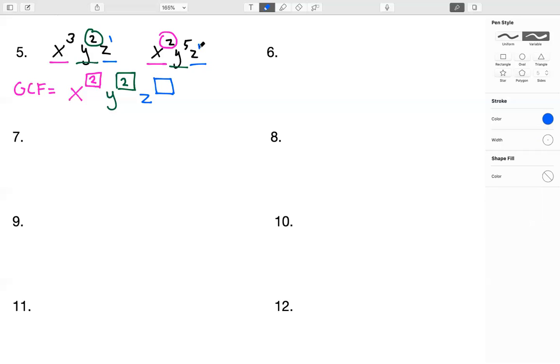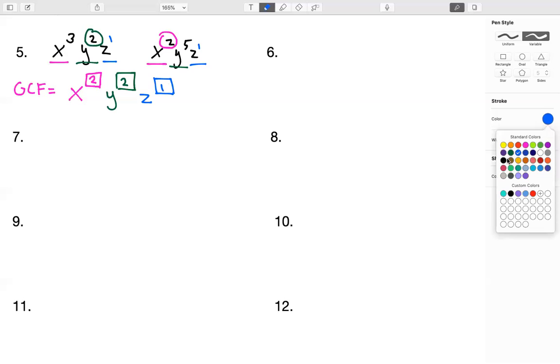There's a 1 there. And are they the same? Of course. So that is what we write. And this, folks, is our GCF. We don't need to write the 1 there, so really it would just be x squared y squared z. That's how we find the GCF of variables.